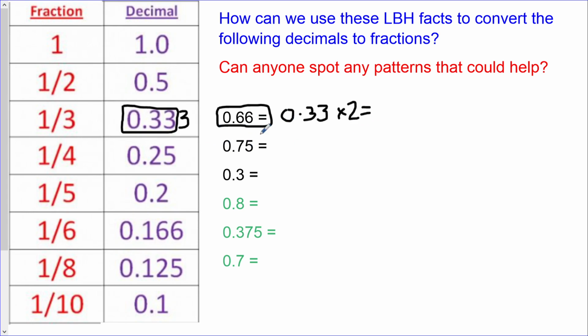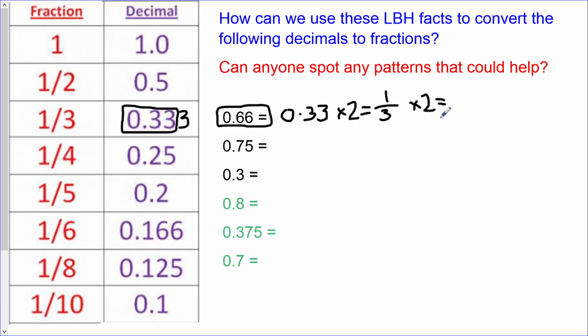And I can see that 0.66 is exactly the same as, or is equal to, 0.33 multiplied by 2. Now, if we know this table off by heart, what we also know is 0.33 is the same as 1/3. So if 0.66 is the same as 0.33 times 2, it is also the same as 1/3 times 2.